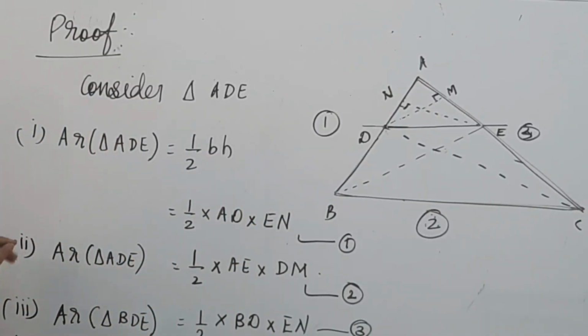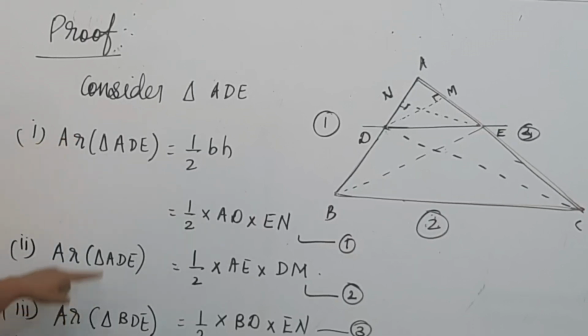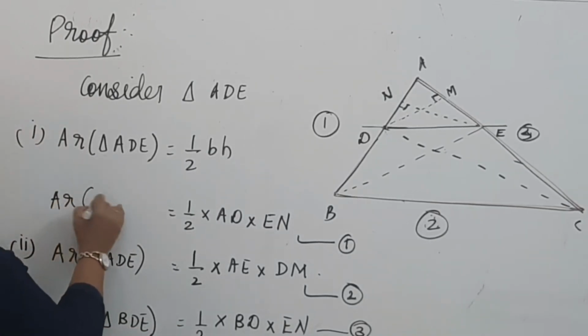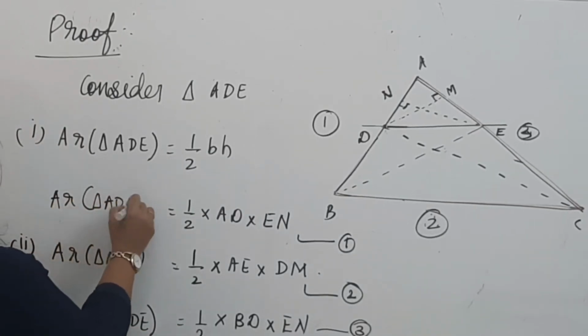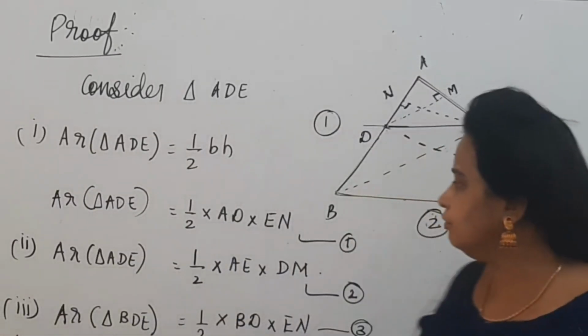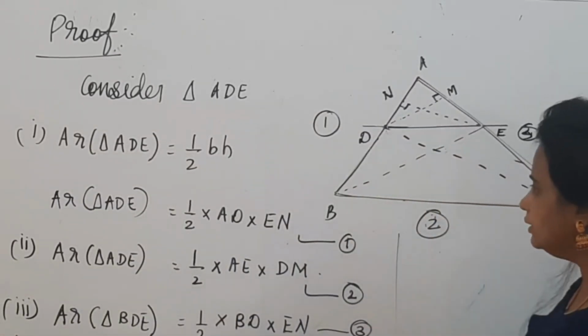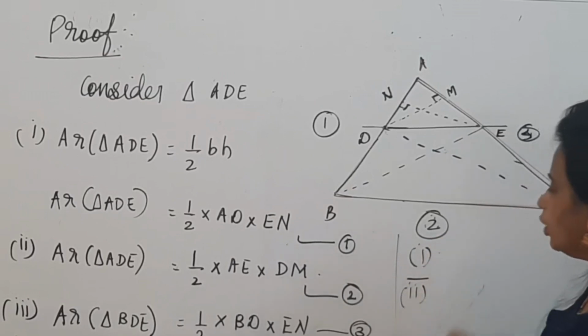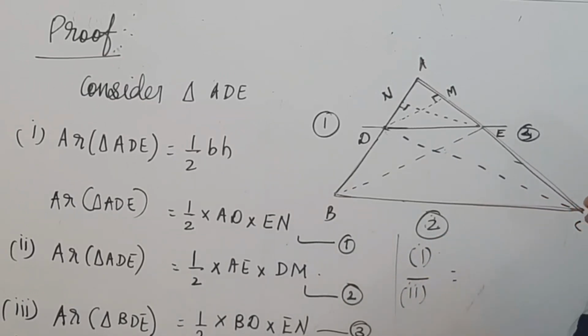Now what am I going to do is, 1 I am dividing by 3 and 2 I am dividing by 4. That is, this is area of triangle ADE. Now 1 divided by 3.